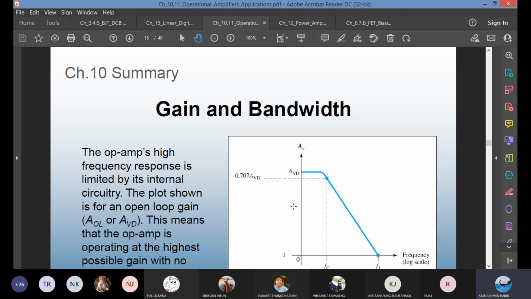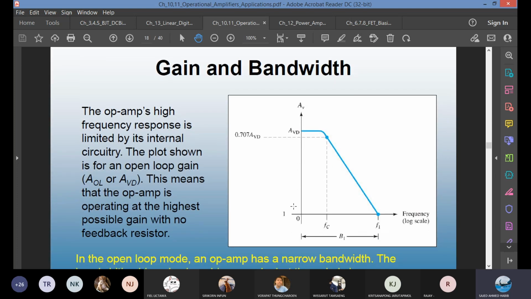Gain and slew rate. So this is what happens when you have closed loop. When open loop, you have a very high gain, but you see the bandwidth is very small. The op amp will not operate over a long range. Once you close the loop, the bandwidth increases and the gain will decrease.